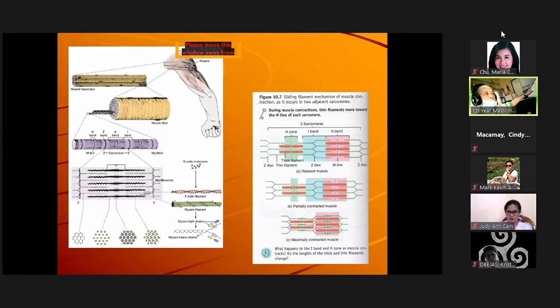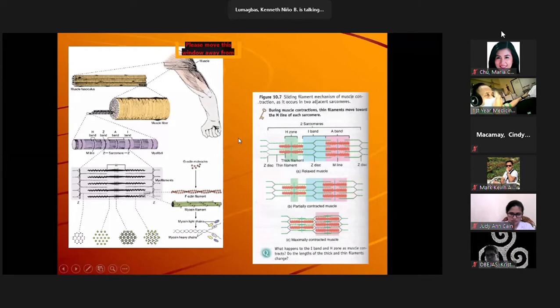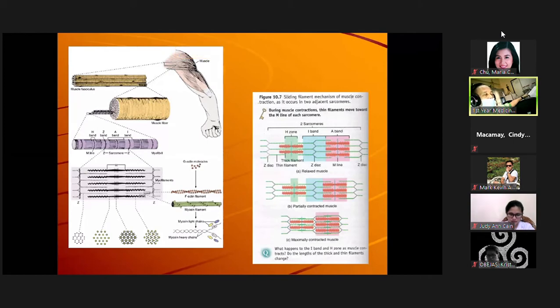Now, what theory do you call that in the contraction of muscle? It's still a theory, but it is already believed to be the real thing. What theory is that? What do you call that theory in physiology, in the contraction of your muscle fiber?